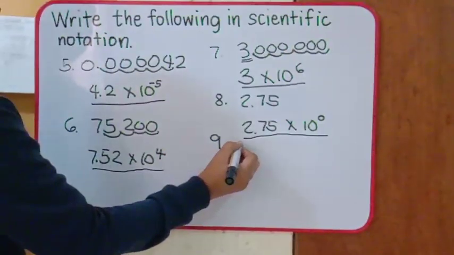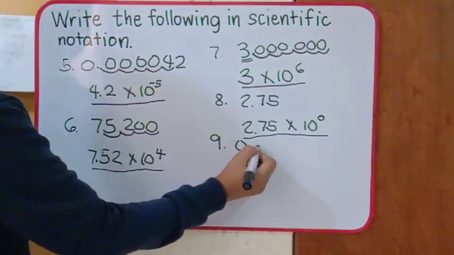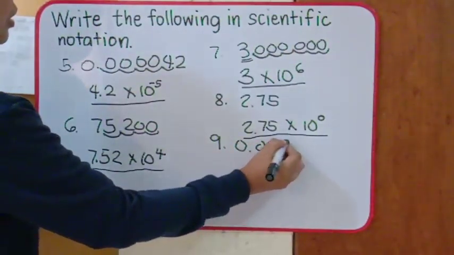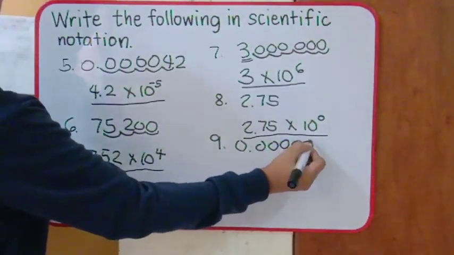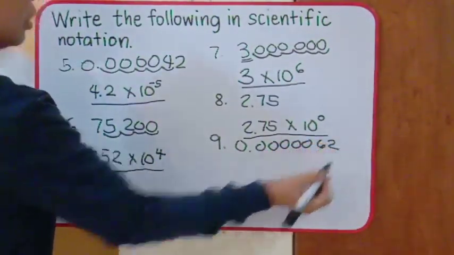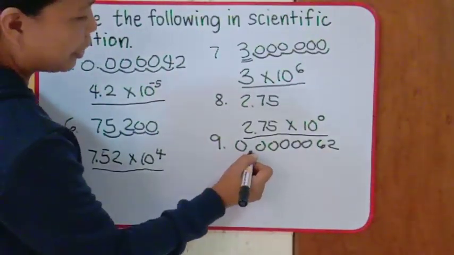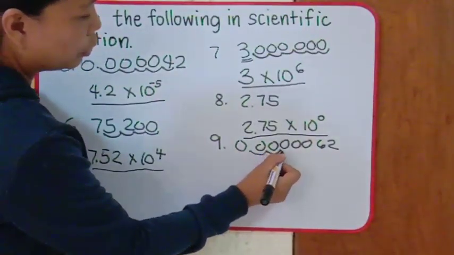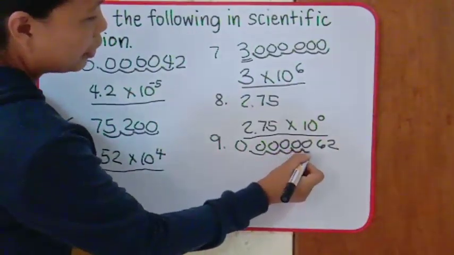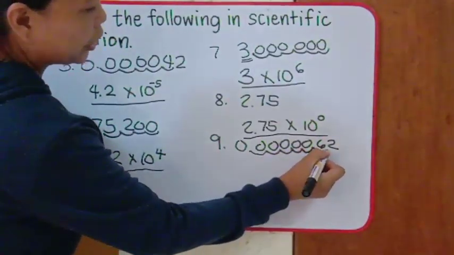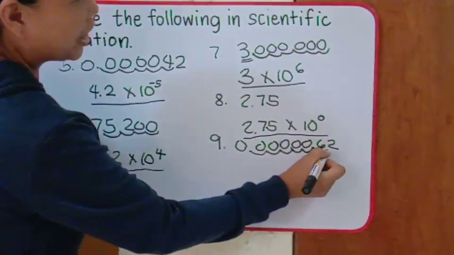So we are given the number 0.0000062. So let us count the movement of the decimal point. So we have here 1, 2, 3, 4, 5, 6. So the movement of the decimal places is 6.